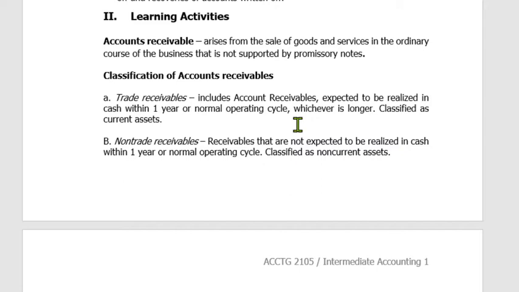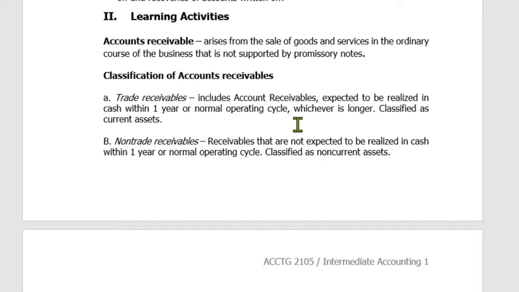So let us classify itong accounts receivable into trade and non-trade. When we say trade, ang ibig sabihin lang nito ay yung pautang within 1 year or normal operating cycle kung ano yung mas mahaba. Because depende kasi sa company yung kanilang normal operating cycle.